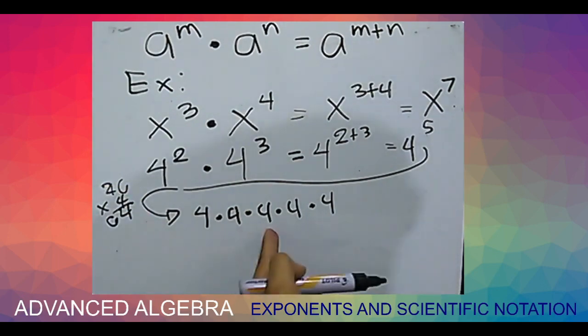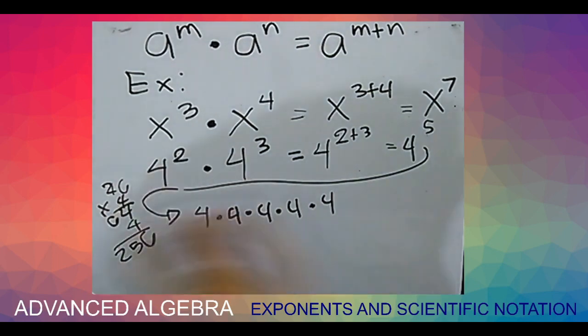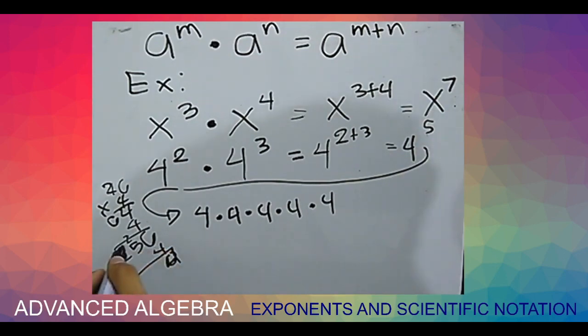Pangatlo na yan, di ba? 64 times 4 naman ay 256. Times 4 ay 1,024.